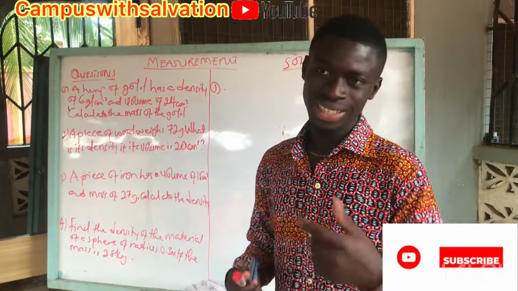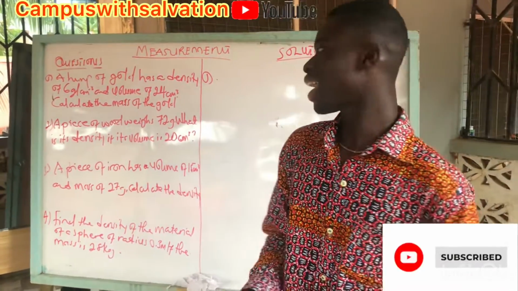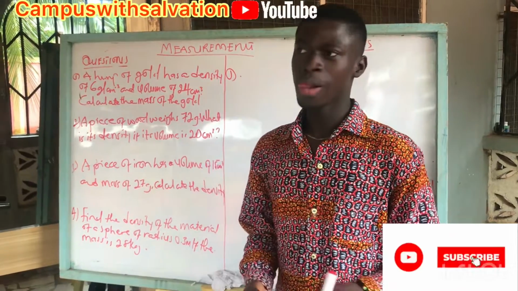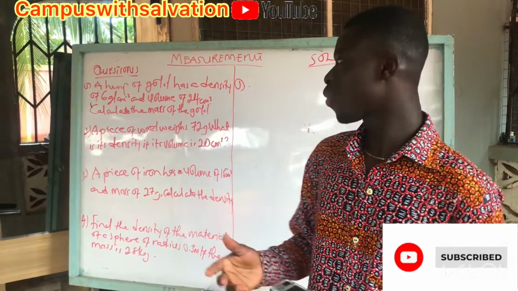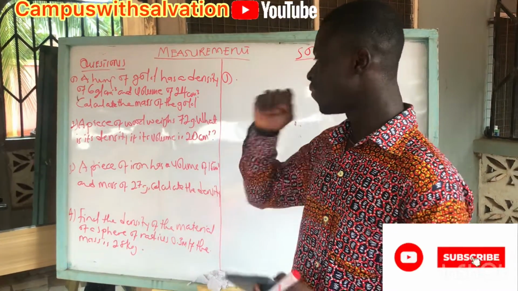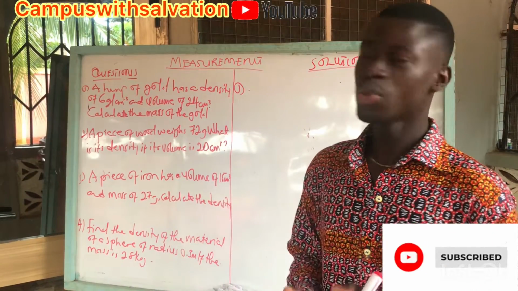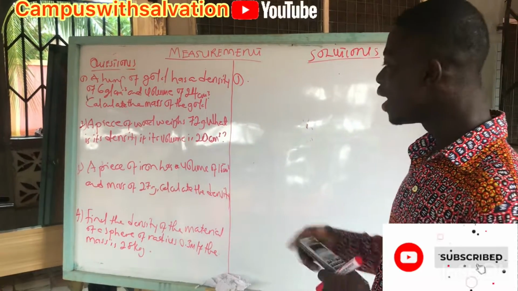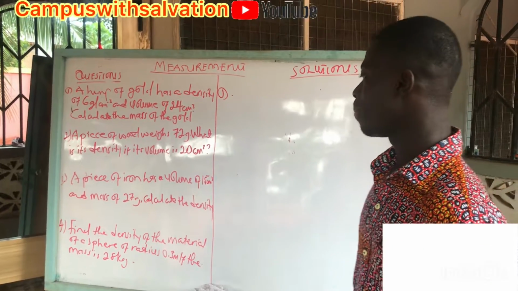Next time we'll be having questions on maybe acceleration, velocity and other quantities, and in our next episode we'll look at how to go about solving them. But let's tackle density first. So today is for only density, volume and mass.